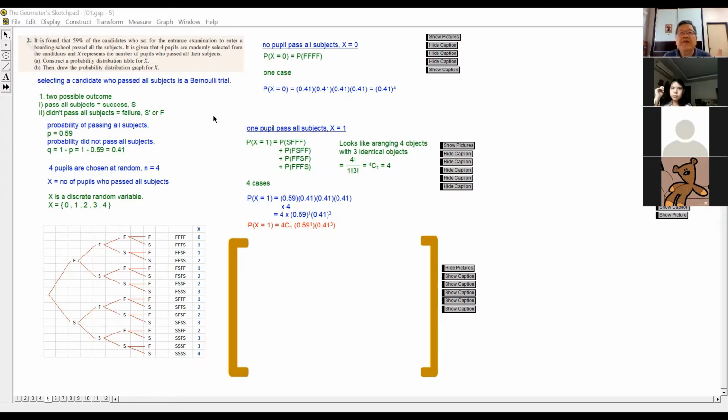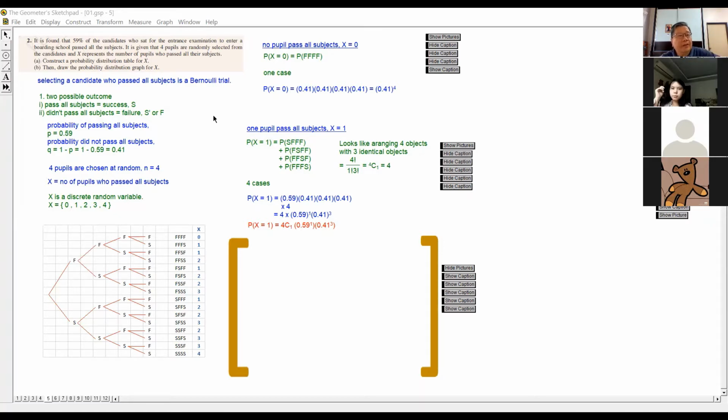The discrete random variable is the number of pupils passing all the subjects. What can this number be? 0 to 4: 0, 1, 2, 3, 4. The discrete random variable comes from how many times the experiment is repeated. So if n equals 4, x equals 0 to 4.